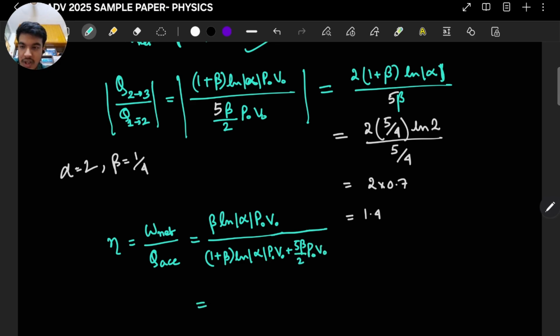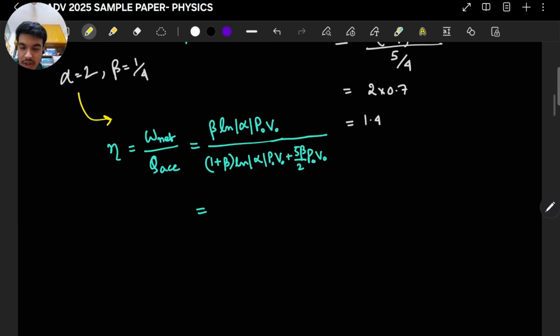This is my efficiency, and if I plug in these values, I should get 1 by 4 ln 2 divided by 5 by 4 ln 2 plus 5 by 8 plus 5 by 8.